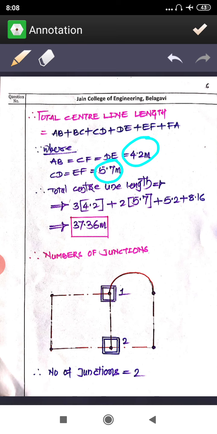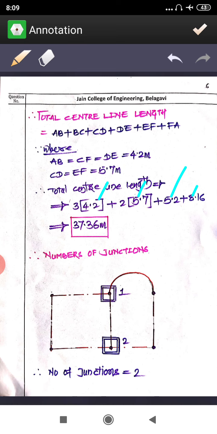So total center line length is 3 walls, that is AB, CF and DE into 4.2, then 2 walls, that is CD and EF into 5.7, plus a single wall, that is FA, that is 5.2, plus BC you are supposed to add, that is 8.16.